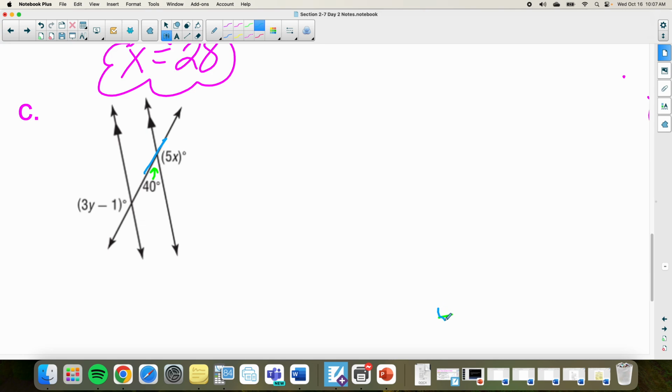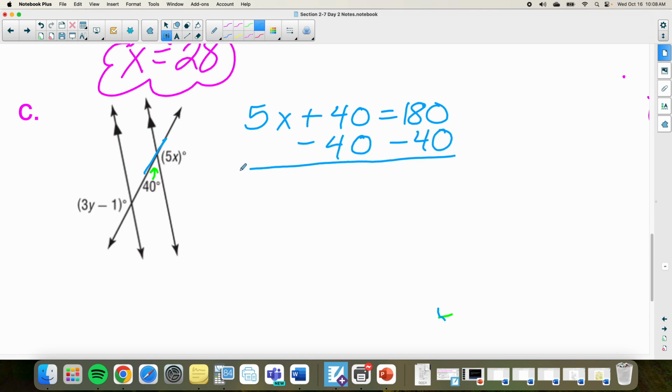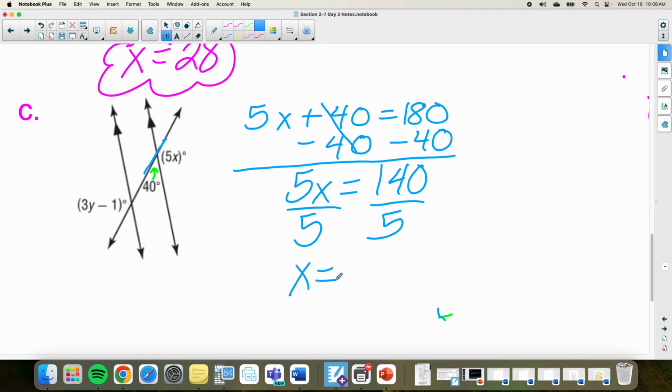So they would equal 180. So I can go 5x plus 40 equals 180. Okay, subtract 40 and 5x equals 140. Divide by 5, and x is, when you go 5 into 140, I believe you're going to get 28.